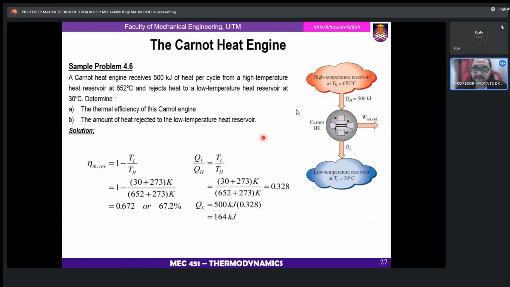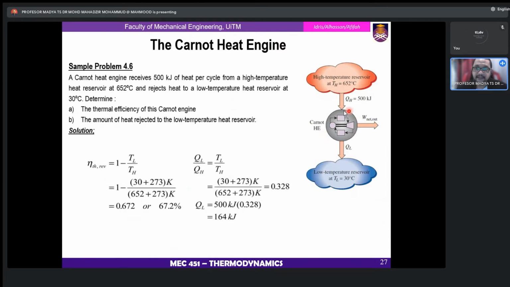This is the diagram for this system. It has two reservoirs, one source at 652 Celsius and another sink at 30 Celsius.